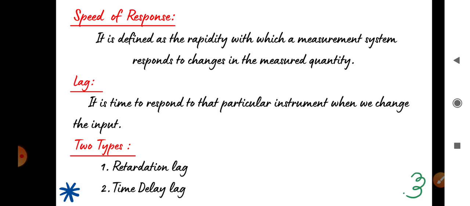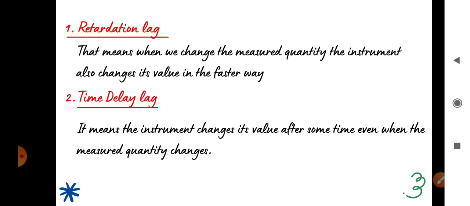There are two types, retardation lag and time delay lag. In retardation lag, when we change the measured quantity, the instrument also changes its value in a faster way. But in time delay lag, the instrument changes its value after some time, even when the measured quantity changes. So retardation gives output in a faster way, and delay means it requires time.